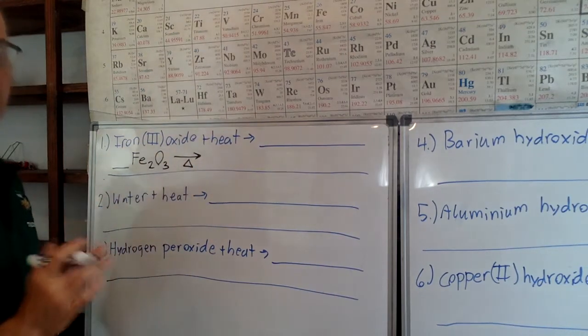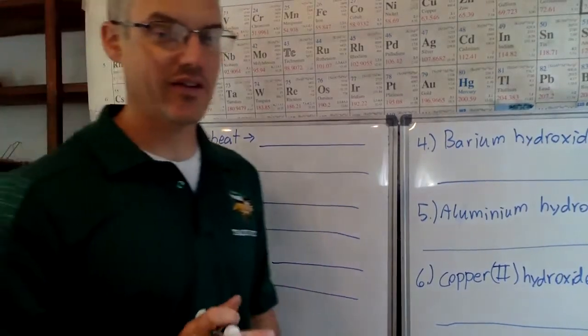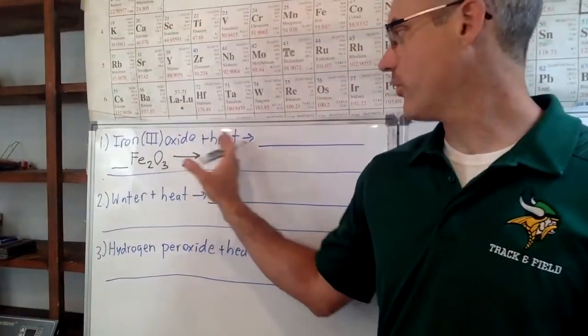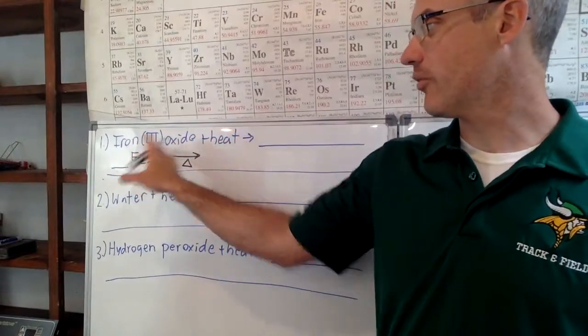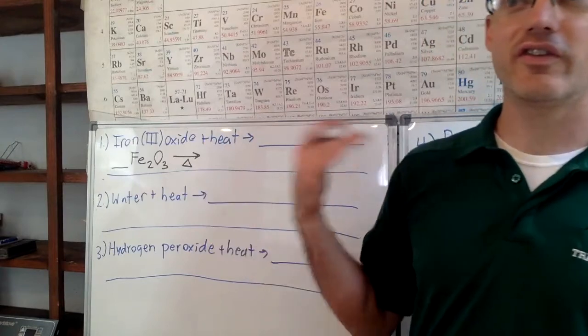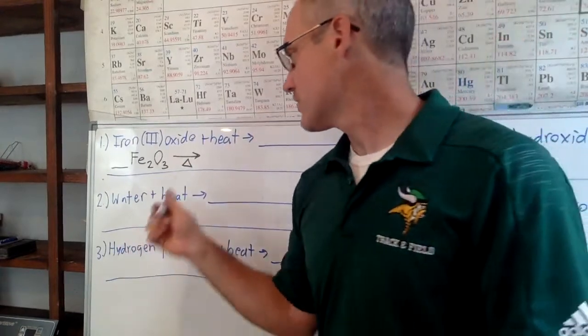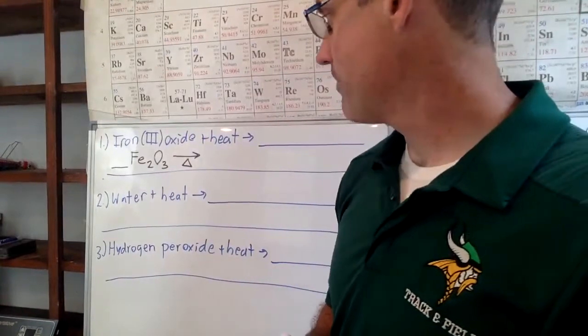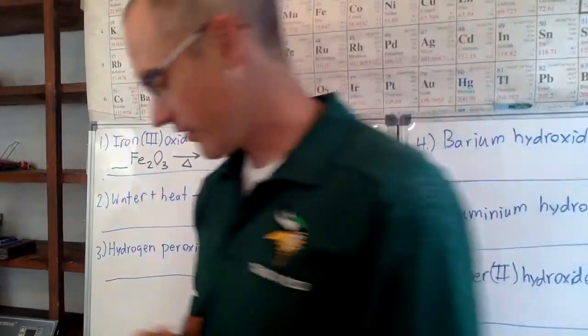Now heat plus heat, I know it looks like it's not really a decomposition reaction because there's another component to it, right? Usually they have one thing in just the arrow for decomposition, but heat is facilitating the reaction. So it goes underneath the arrow as a triangle. That is how that shows up. Let's write all these out first, actually.